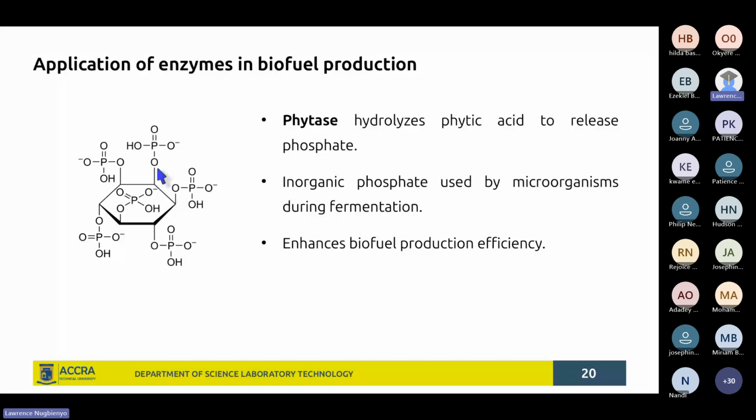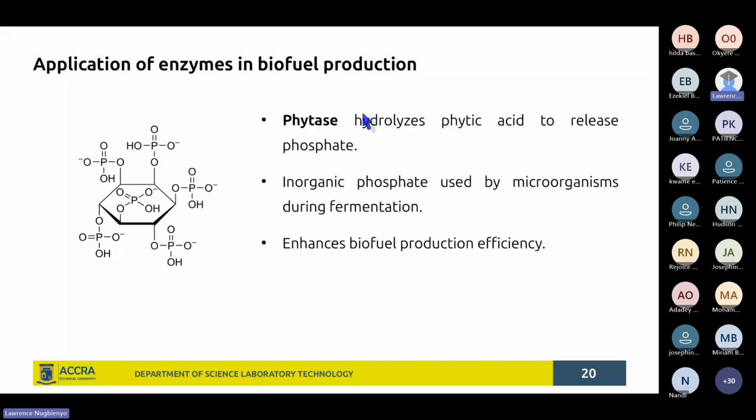When they are broken down, those phosphates can even go into production of, say, ATP, which will serve as cellular energy for the microorganisms. And so yes, phytase is one of those enzymes which is used in biofuel production, and that actually enhances the efficiency of the biofuel production.